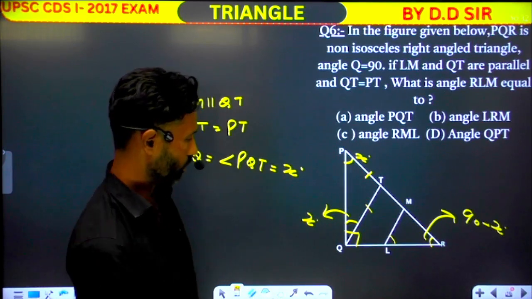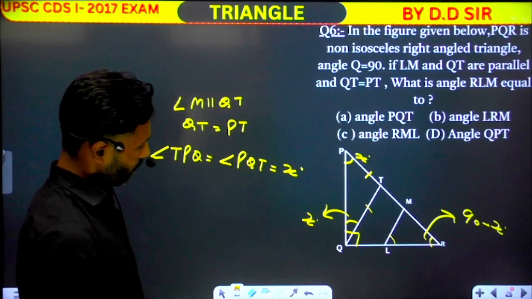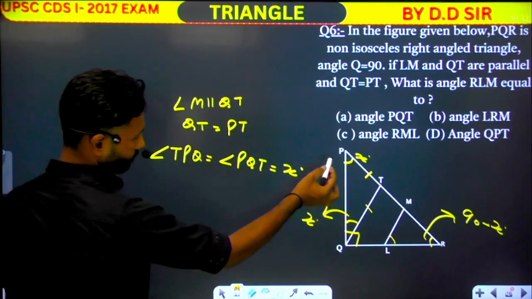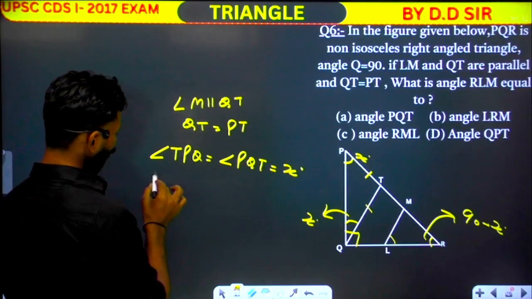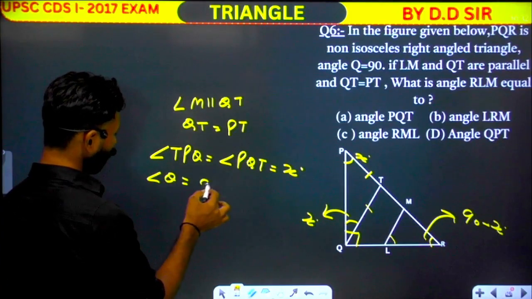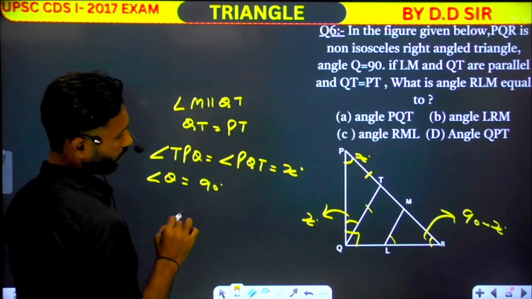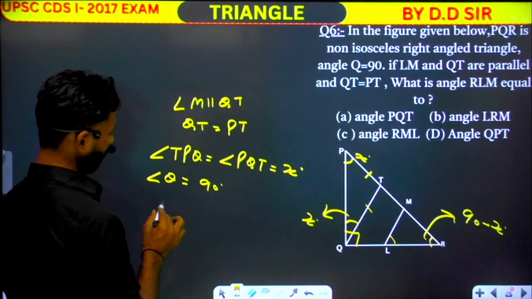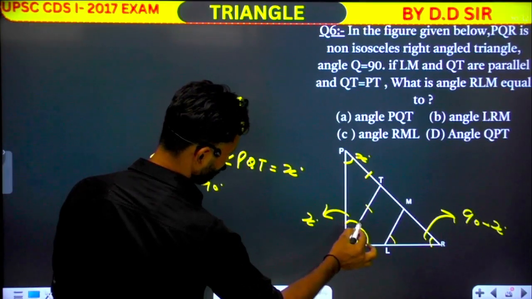Okay, now angle PQT is equal to x degrees and angle Q is equal to 90 degrees. You know it very well. And you can say that angle LQT, LQT means this lower part.